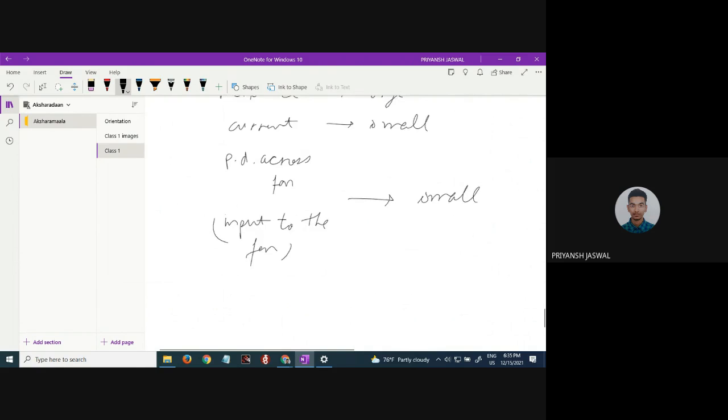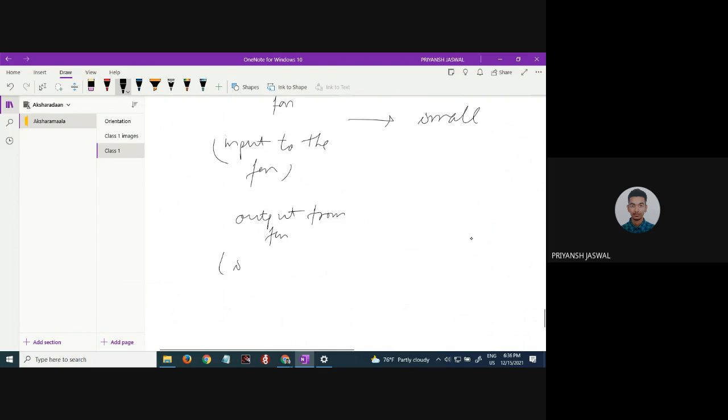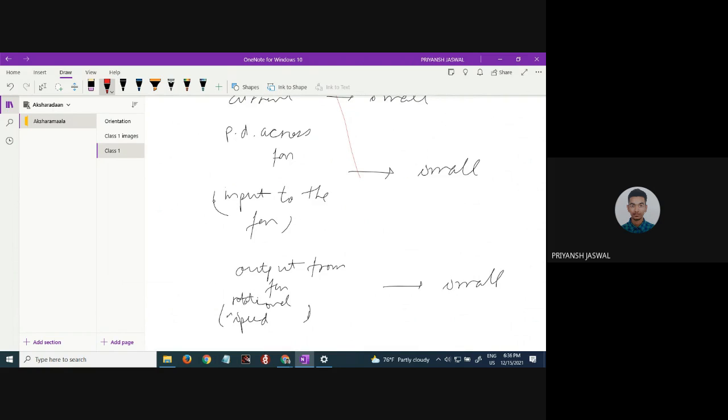Now when the input is small, the output from the fan, or in other words the rotational speed with which the fan is rotating, is also small. So finally, when the knob number is small, this all leads to a small output from the fan.